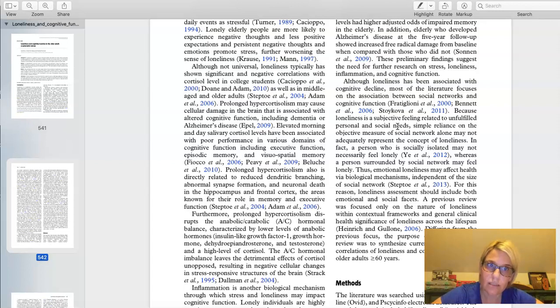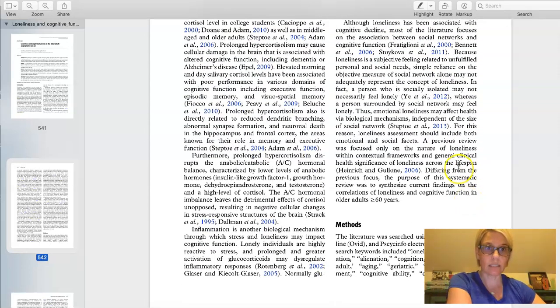So that's the reason why I want to do a systematic review, so that I can do a comprehensive and exhaustive search of the literature to really find out how many studies have looked at loneliness and cognitive function in the elderly, and then look at those findings and really deduce where we go from there.